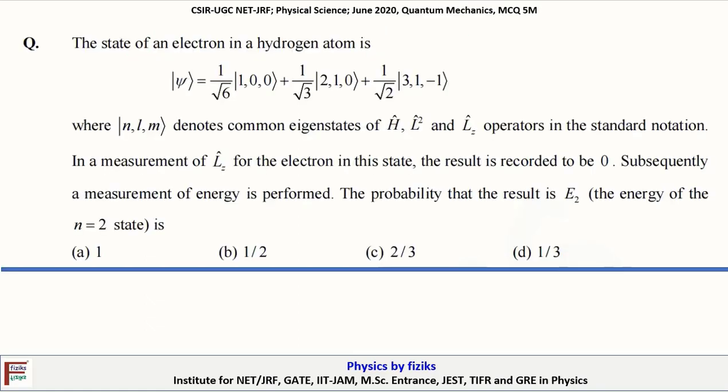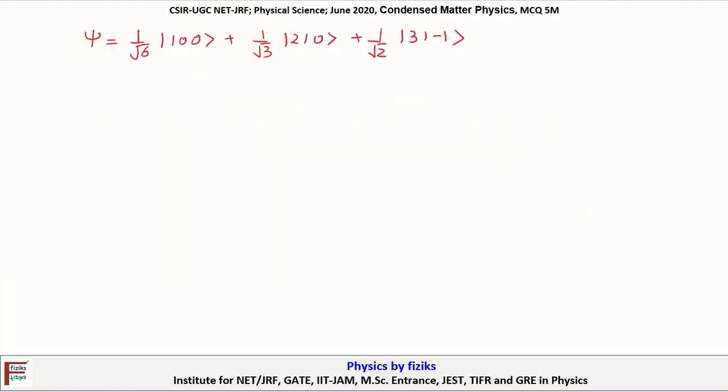Now the question is saying you have to determine the probability of the particle in state n=2. However, the initial measurement was done for Lz, and in a measurement of Lz for the electron in this state, the result is recorded to be 0. So our wave function would depend only on the m=0 states.